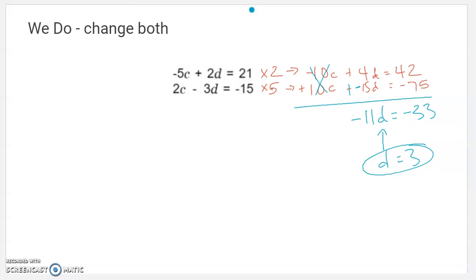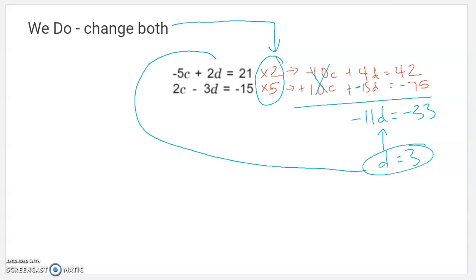In order to do that, remember, here's my key. This is what's new today. I had to change both equations to get anything I could eliminate. A lot of work. So now my initial equations are intact. I'm just going to use this back in one of the originals, doesn't matter which one, to find the other.